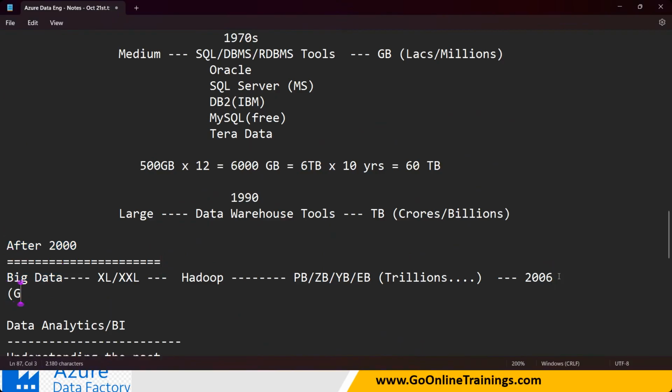This name was given by Google in 2003, right? Because from 2000 hardware became cheaper, social media got introduced into the market, and people are using a lot of devices. Because of that, big data started being created. So IT companies did not know how to store this kind of data. They did not have any kind of software at that time.